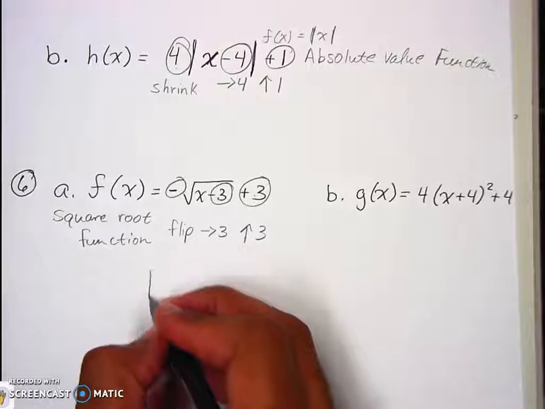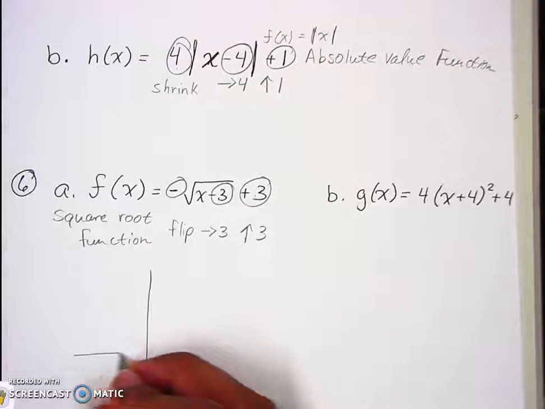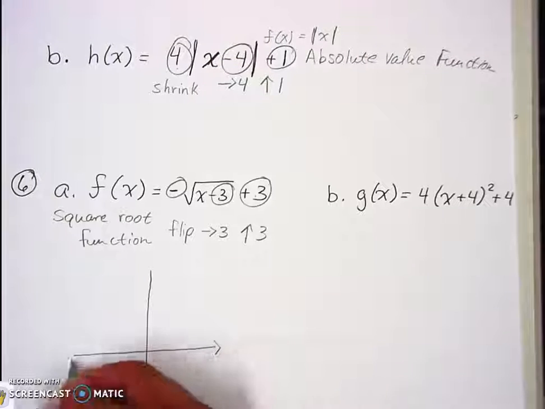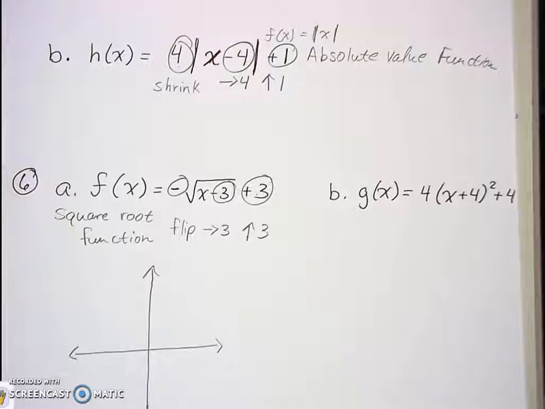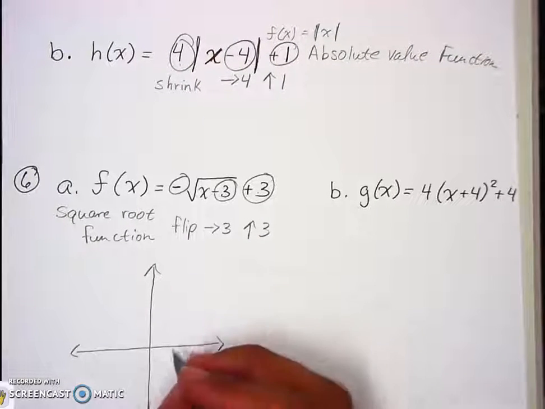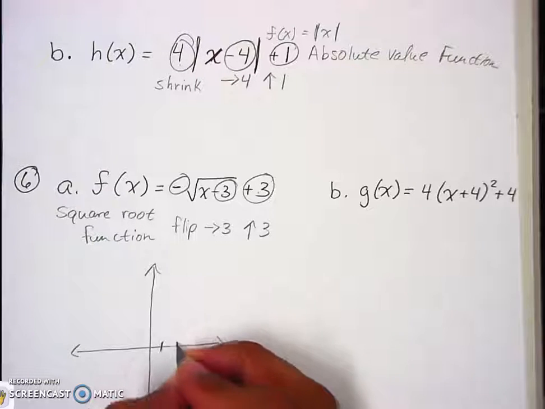So when we graph it out, you must graph out your parent graph first and foremost. So here, again, make sure you have your tick marks.